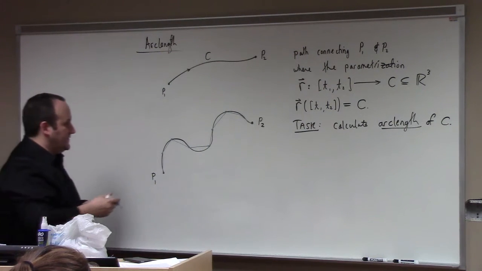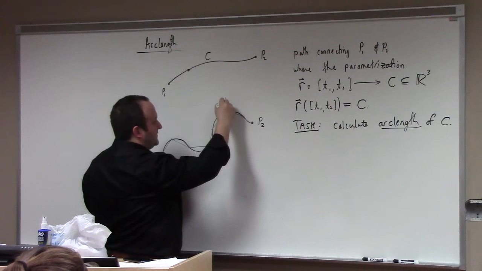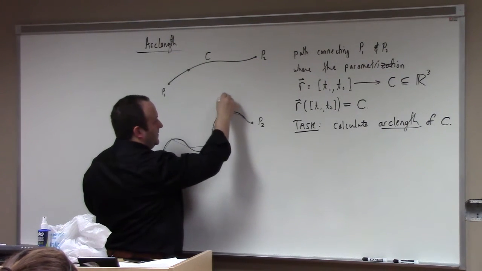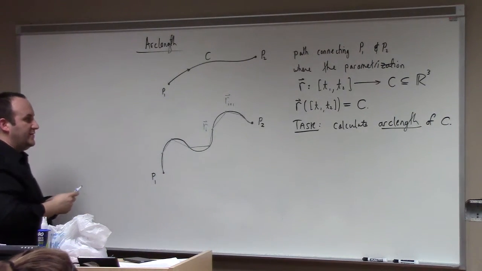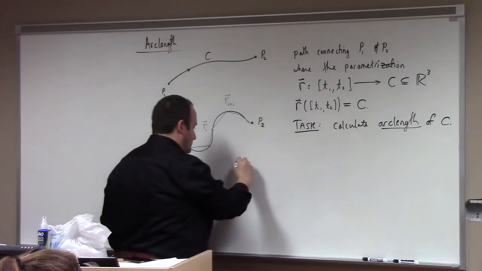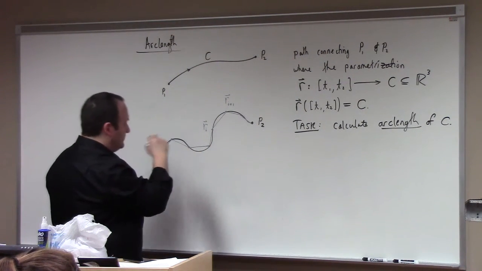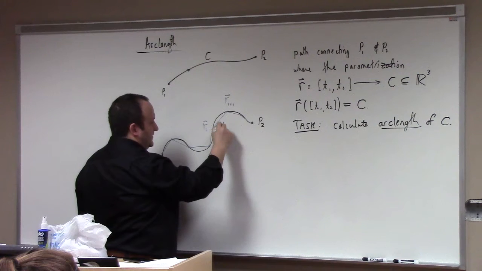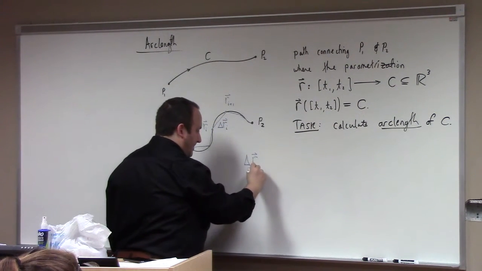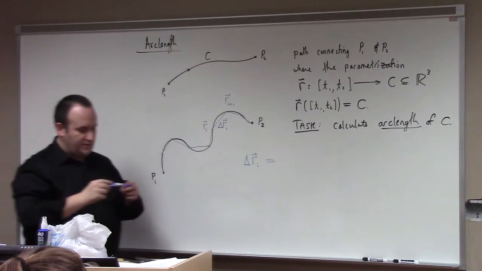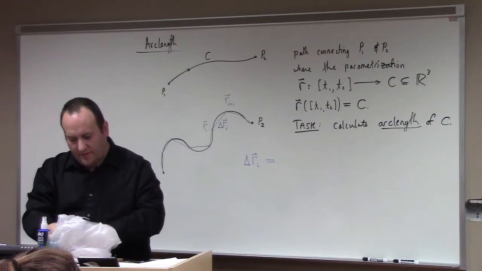So let's just focus on how we would calculate the distance between a given pair. Let's call this the i plus 1th point, and this is the ith point. What would the length be between them? This displacement vector we could say is delta Ri. Delta Ri should be R of i plus 1 minus R of i.